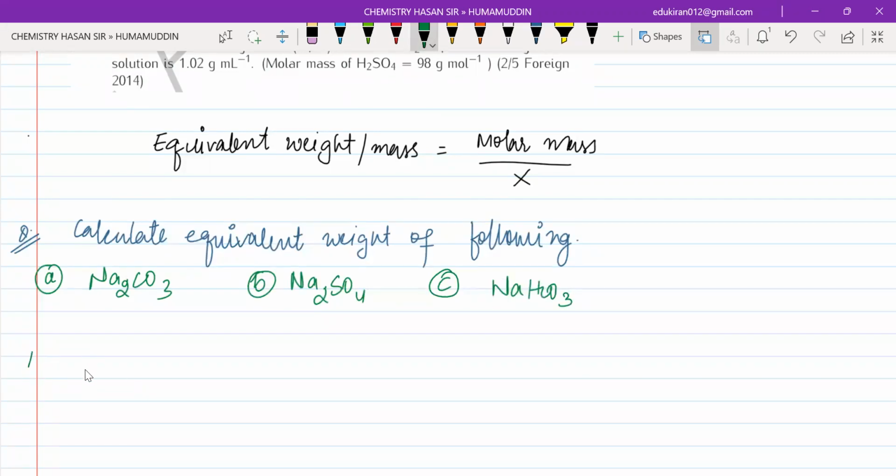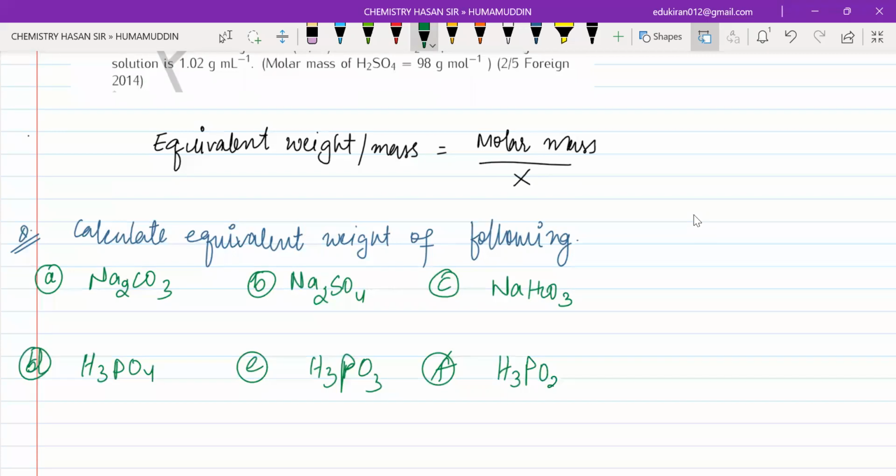Then you are going to calculate the equivalent weight of H3PO4. Then this is your D, and then E, H3PO3, and then comes your F.